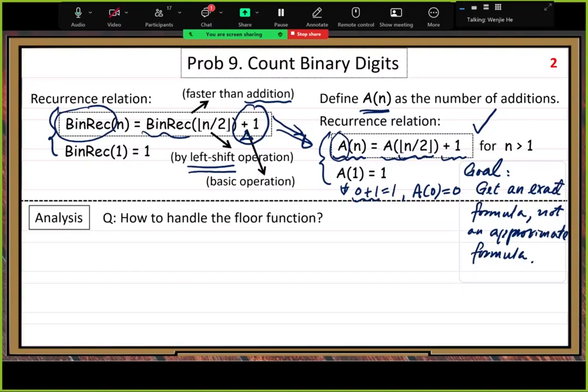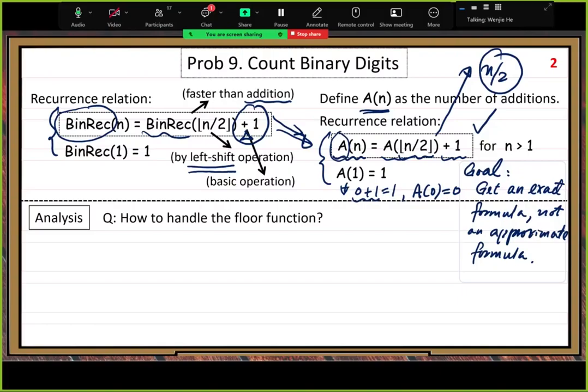If an approximate formula is acceptable, we can replace this floor function just by n over 2. That's a good approximation. So to derive an approximate formula is not that hard, not as hard as an exact formula.